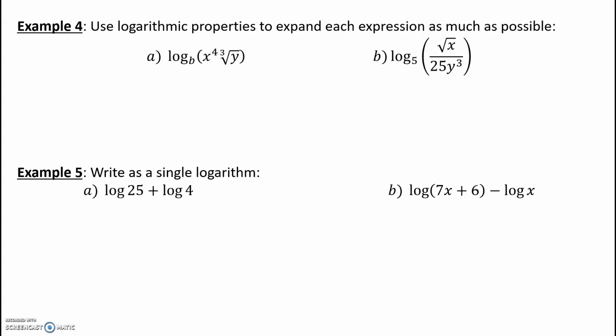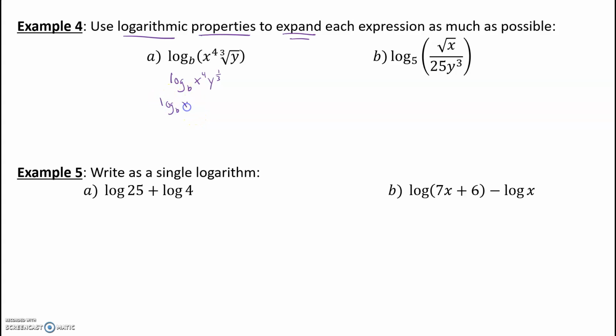Now this just says use logarithmic properties. So instead of telling you which one to use to expand, you're going to be using a couple. All right, so let's put this in exponent form. So we have log base b, we have x to the 4th, and we have y to the 1/3. Right, that's a cube root. So right now I see multiplication, so I'm going to break it apart with addition.